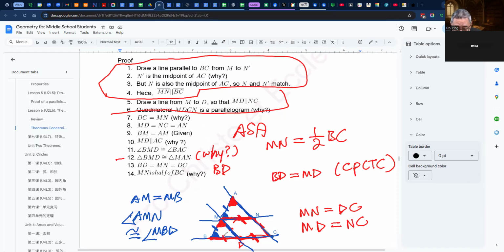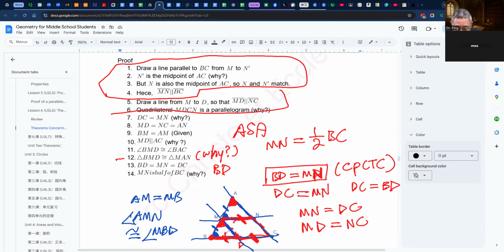If this is congruent to that, and also we know this side is congruent to that, so BD is equal to MD. We also know that DC, oh sorry, equal to MN, not MD. So BD here is equal to MN. And DC, we already know, proved early on, is MN. So therefore, DC is equal to BD.